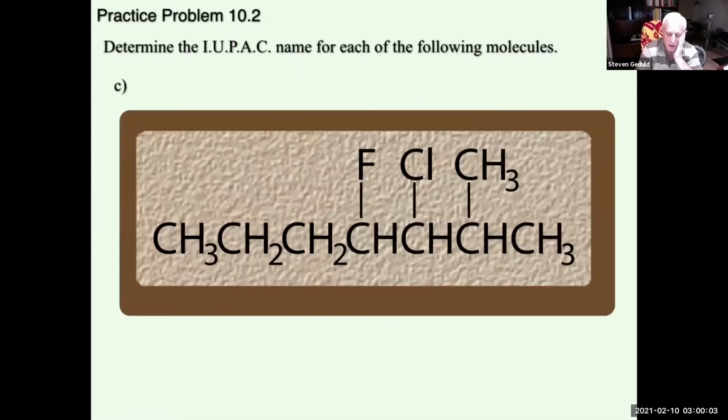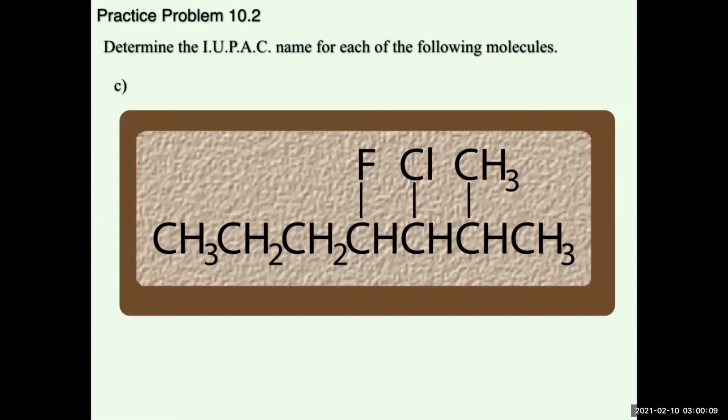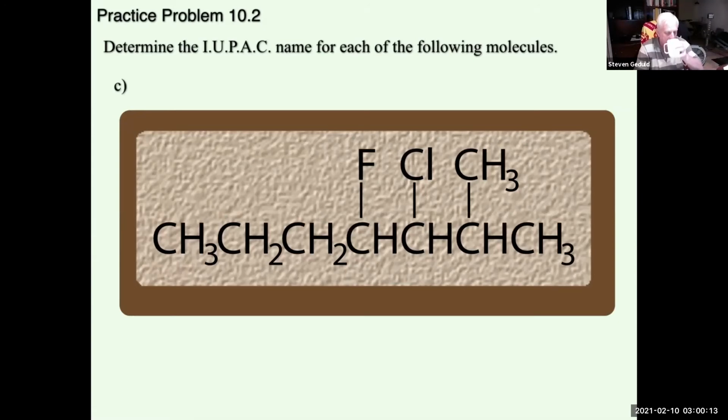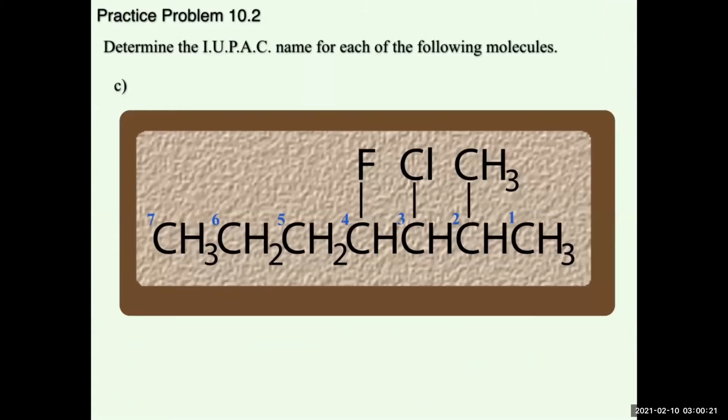Okay. So determine this thing. What's the longest carbon chain here? 7. Pick 7, right? And why did I put my numbers from right to left instead of left to right this time? Because the substituent is closer to the right end. Perfect.